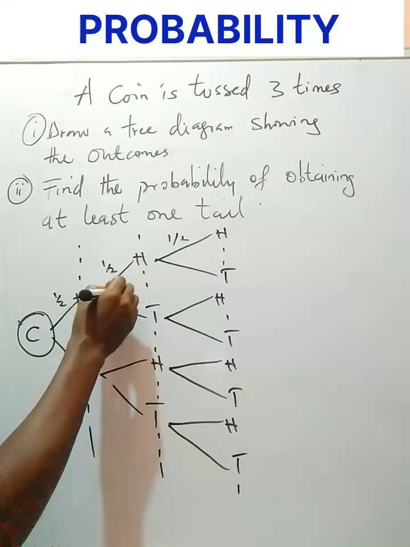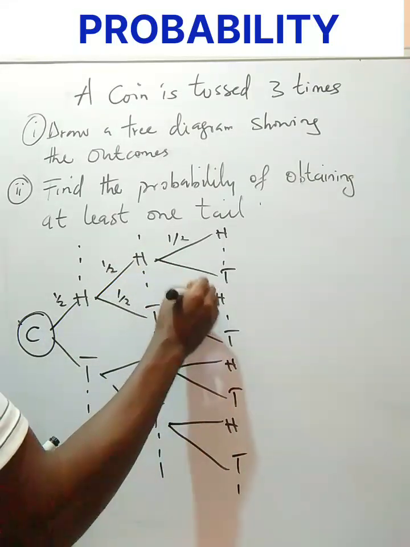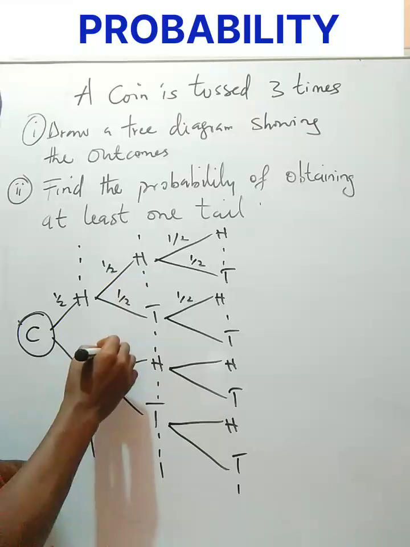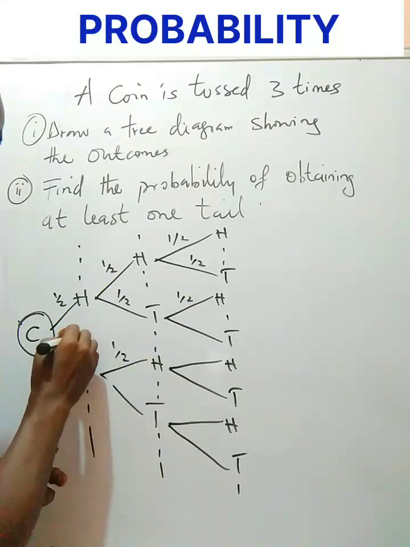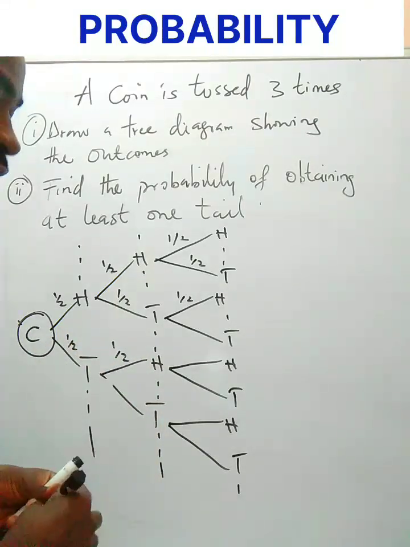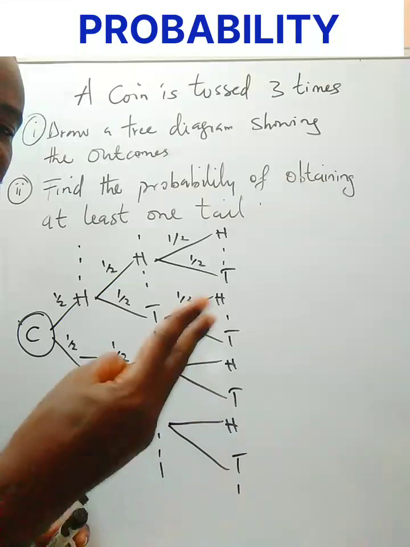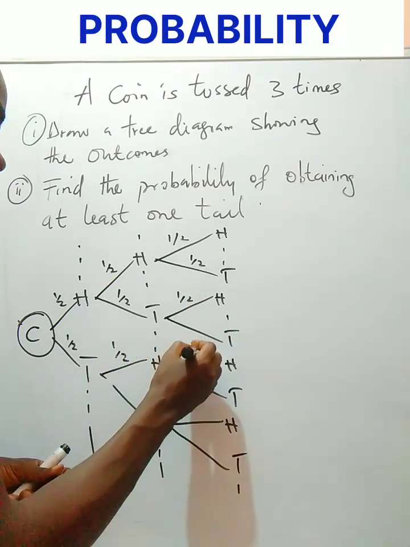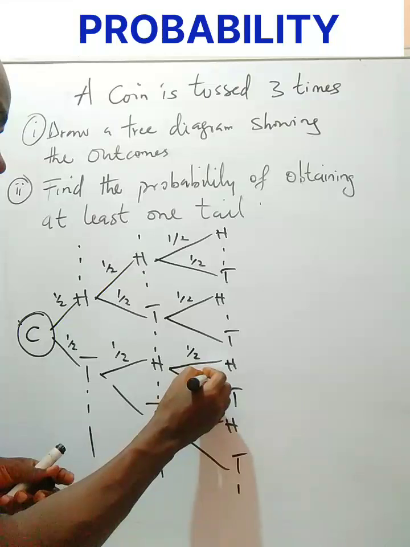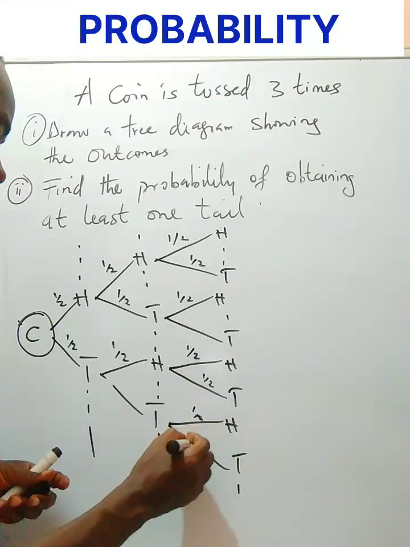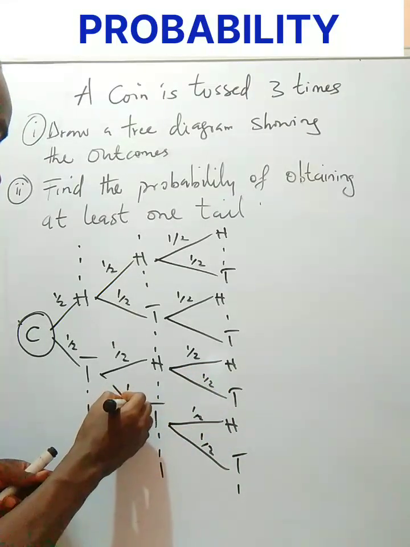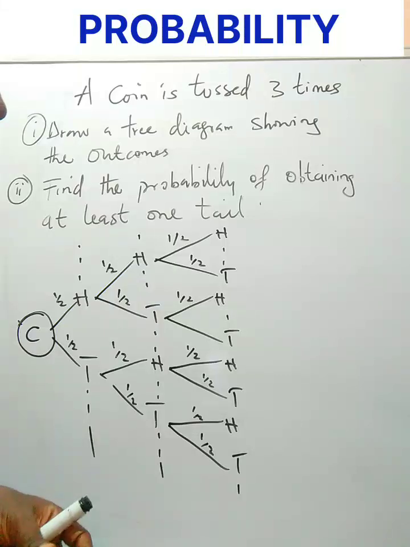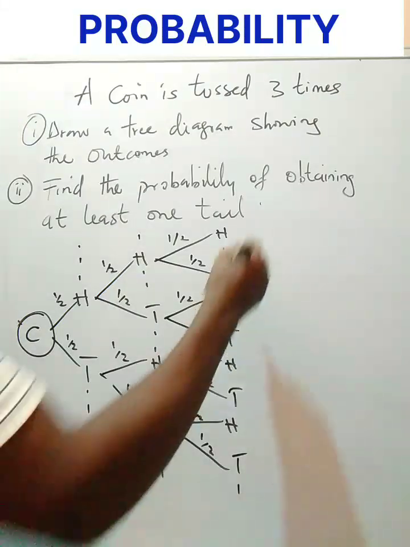All the outcomes for both a head and a tail are 1/2, because we have just 2 sides, and each face is 1. So that's 1/2 for each of them.